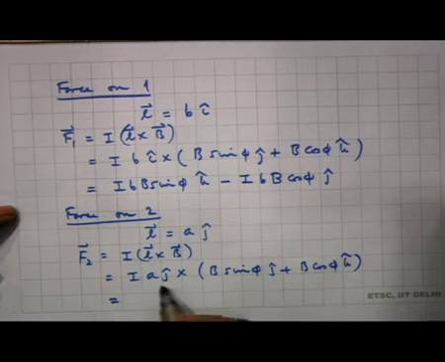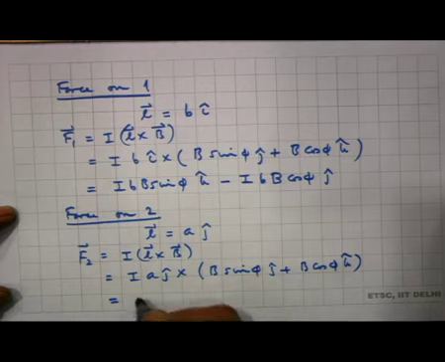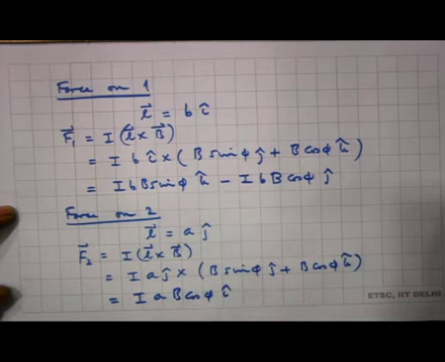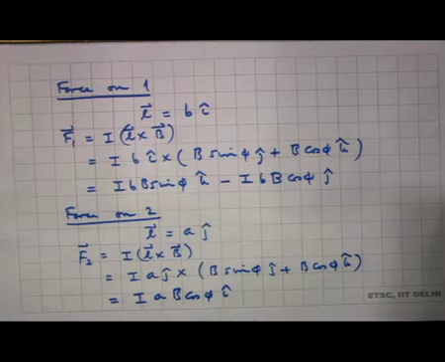Now, j cap cross j cap is 0, j cap cross k cap is i cap. So, F 2 is I A B cos phi i cap.